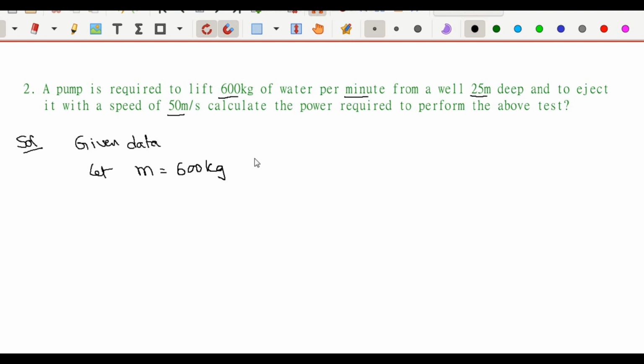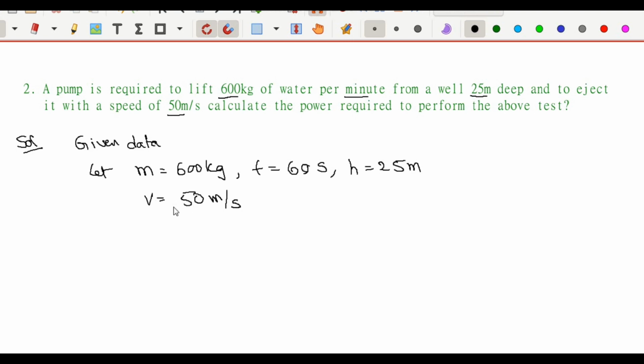Per minute means time is equal to 60 seconds. The depth of the well, that is height h, is equal to 25 meters, and the speed of the water is 50 meter per second.